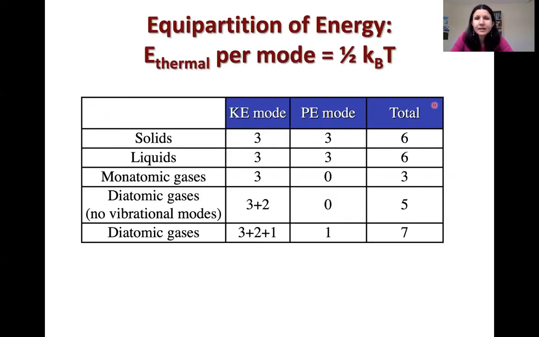Okay, so here's a table that summarizes what we have learned so far. For solids, there are 3 kinetic energy modes and 3 potential energy modes. Those are due to vibrations, so that's a total of 6. Same for liquids. We treat solids and liquids the same. Monatomic gases only have kinetic energy modes.